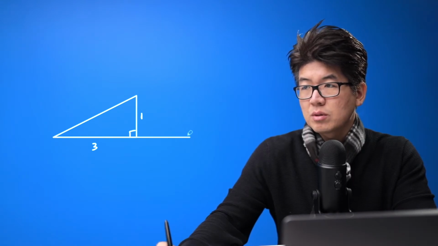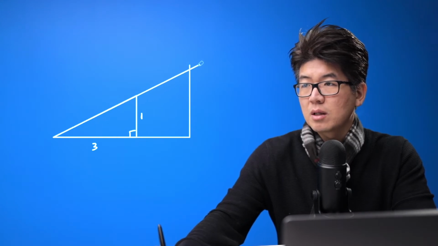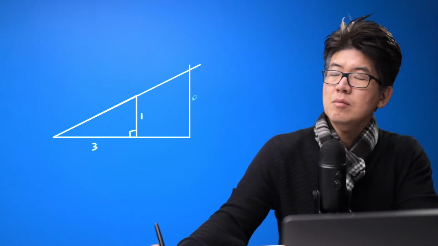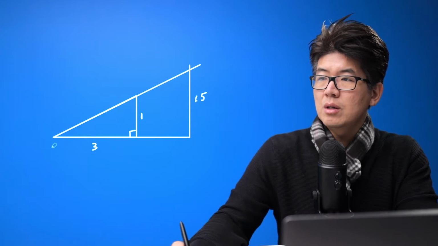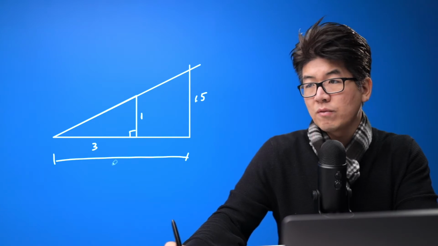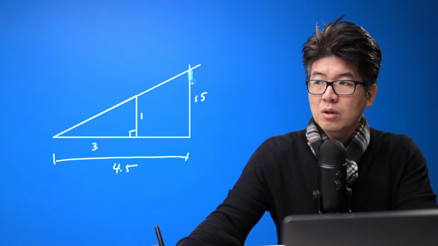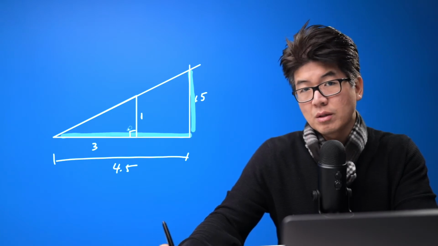And if I introduce a similar triangle with different sides, say if this was 1.5, then this length here will be 3 times 1.5, which will make it 4.5. Again, the ratio of this to this will be 1/3.